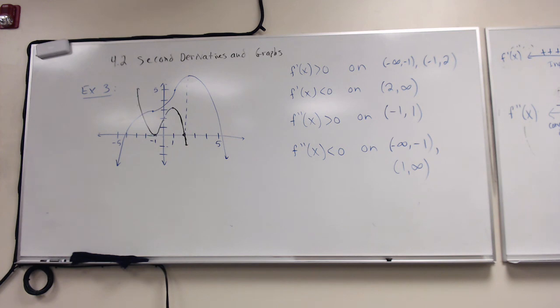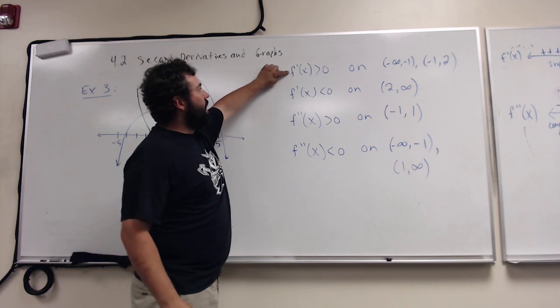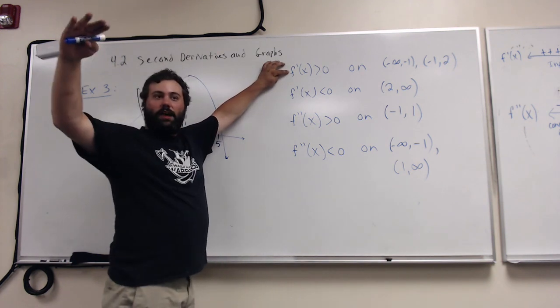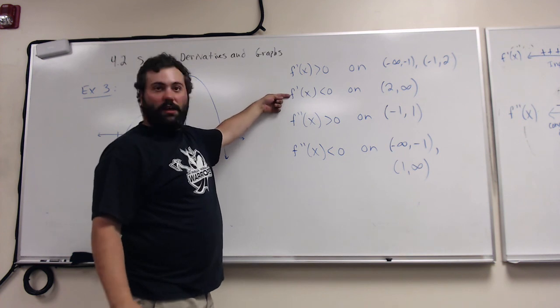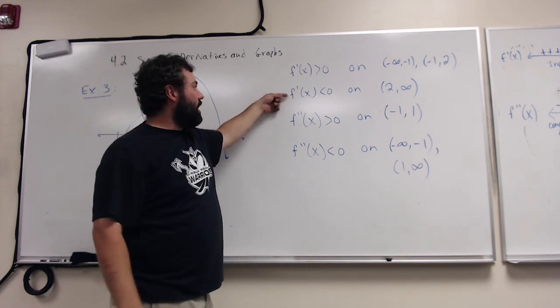It's tricky. It's tough to keep track at first. We just had the graph of the derivative. Where the derivative is positive, that's where it was above the x-axis. We wrote down the intervals. Where the derivative was negative, that's where the graph was below the x-axis.